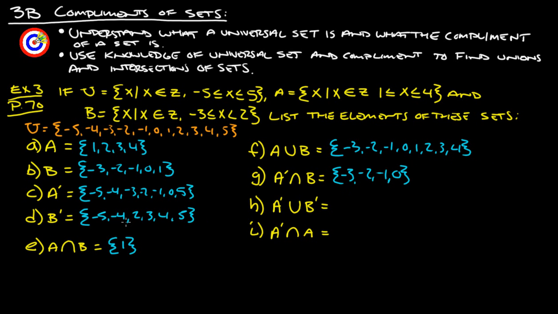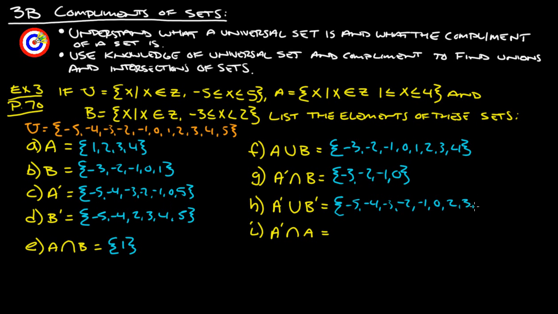Now the union of A prime and B prime, or the complement of A and the complement of B. If it ends up in either one of these sets, we list it out. So we've got -5 all the way up to 0, so let's write those down: -5, -4, -3, -2, -1, 0.